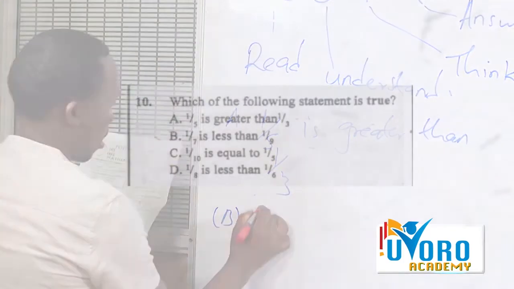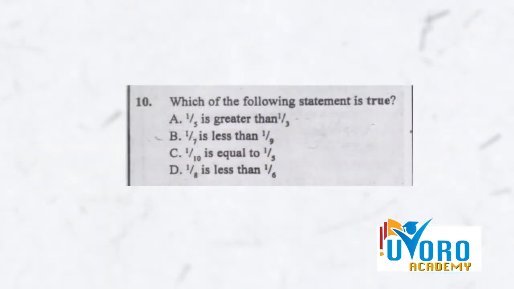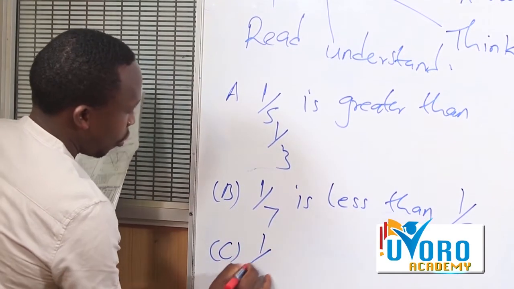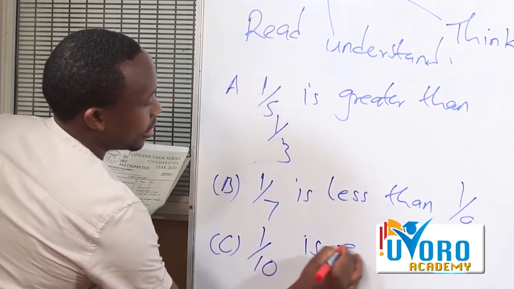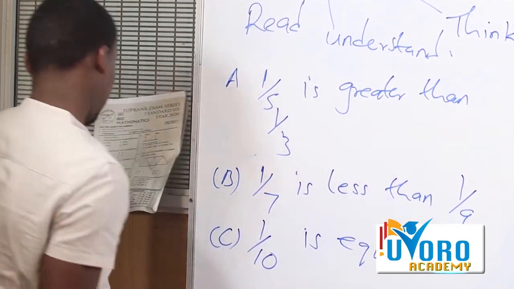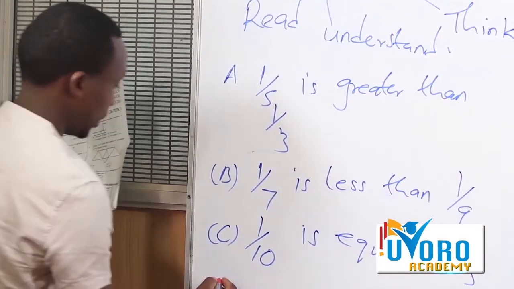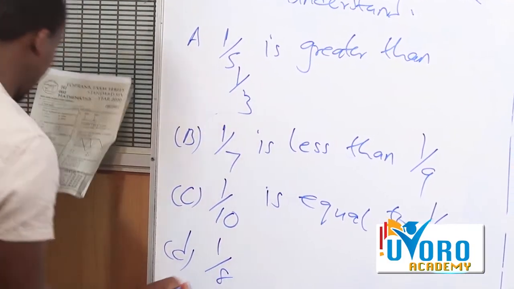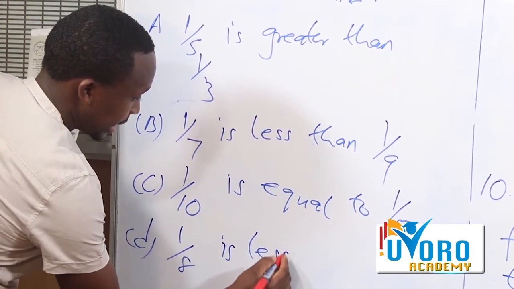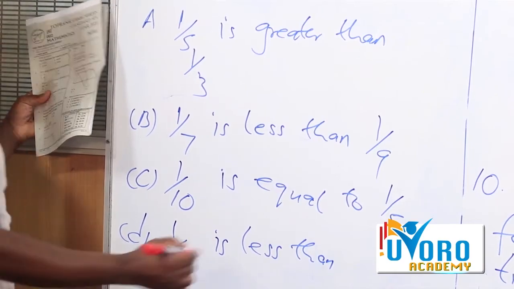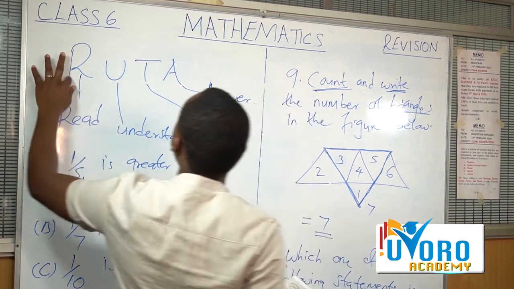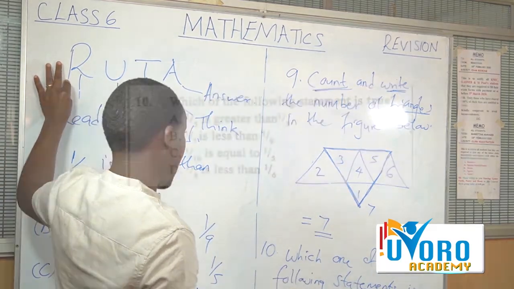B, 1 over 7 is less than 1 over 9. C, 1 over 10 is equal to 1 over 5. And for our D, 1 over 8 is less than 1 over 6. Now, pupils, let's read first using our formula.